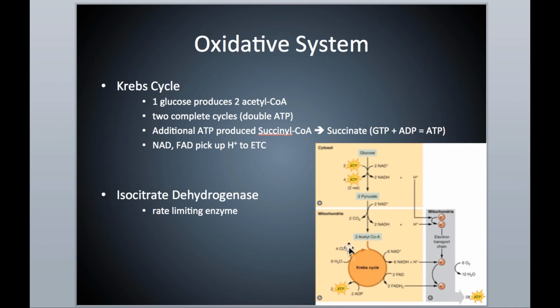And through some of these steps, we actually are going to create either NADH or FADH2. Now that's going to be transported into the electron transport chain. And through a bunch of different reactions, then we're going to get the ATP. And if we see over in the electron transport chain, this is where we're adding oxygen. And that's why the oxygen is necessary.